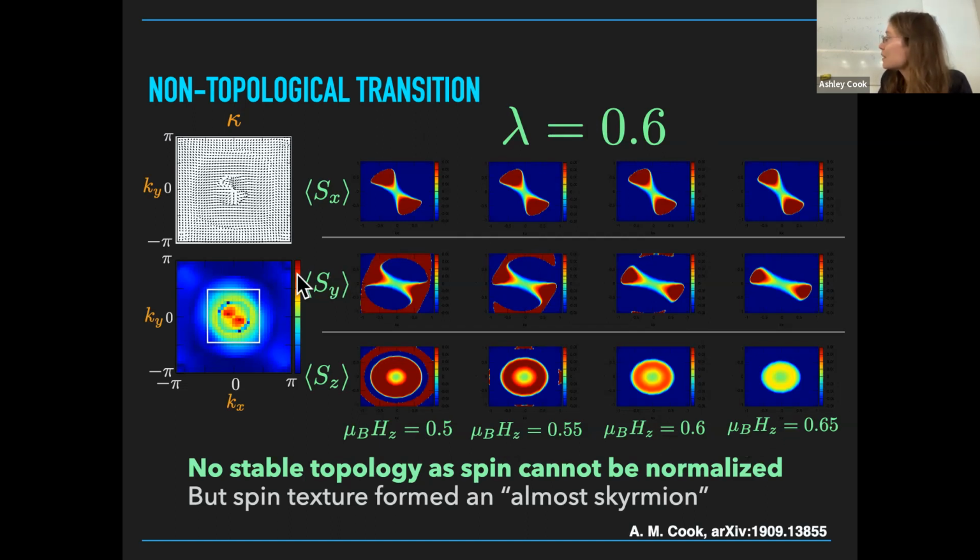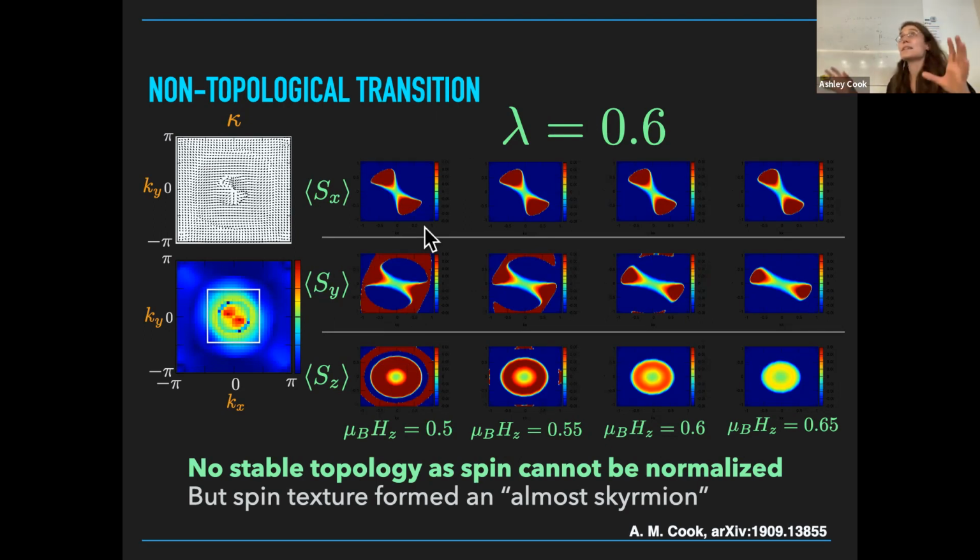As you're increasing the Zeeman field, starting from a region where the Skyrmion number is 0, you jump up to what looks like a Skyrmion number of 2. And these two little Skyrmions appear. There's a hole in the spin texture at the center of the Brillouin zone. And these two little Skyrmions move towards one another and just disappear through the hole.